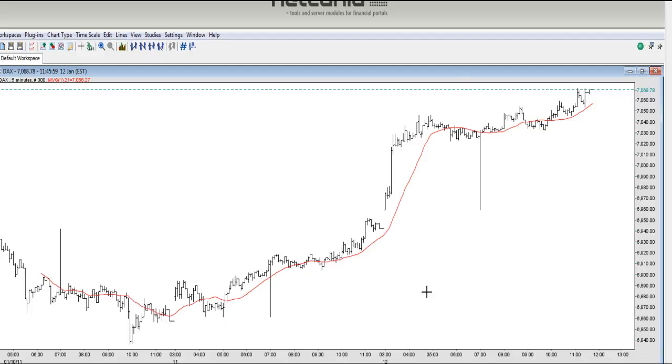It did that at about 5 o'clock. So if we were at all interested in a sell trade on the Euro USD, perhaps 5 o'clock, when we made a cross to the downside of the 21 moving average, would make sense.